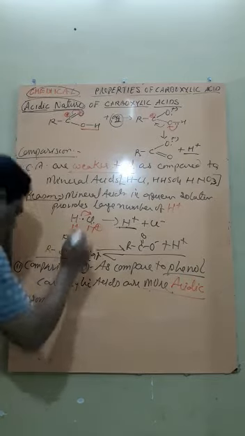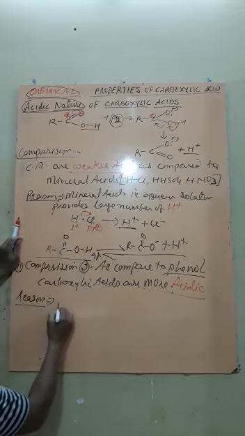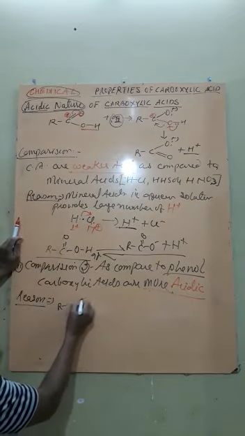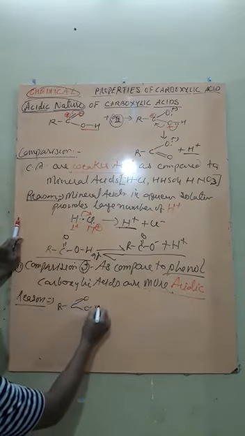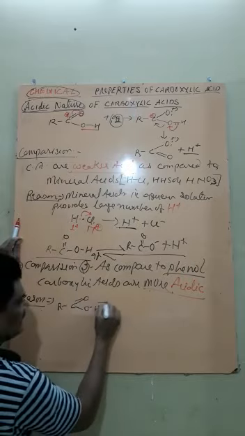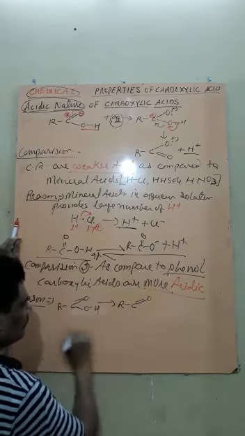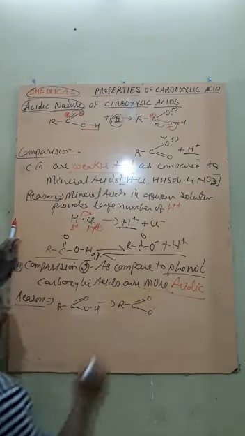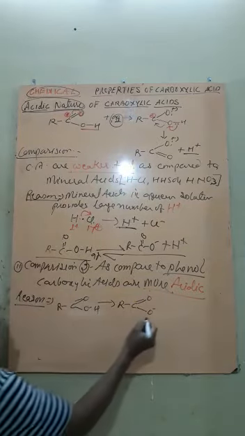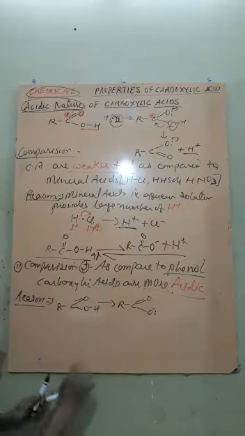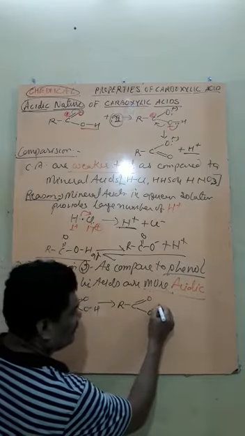So student, you can check again here. What? RC double bond O, OH. It is getting converted into RC double bond O, O anion. Now, there is a double bond present, that means there is a chance of resonance.